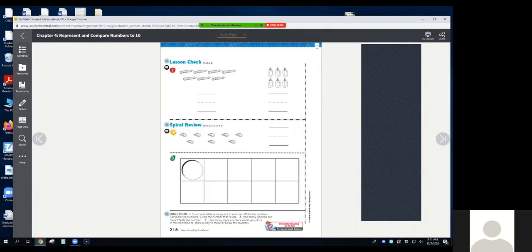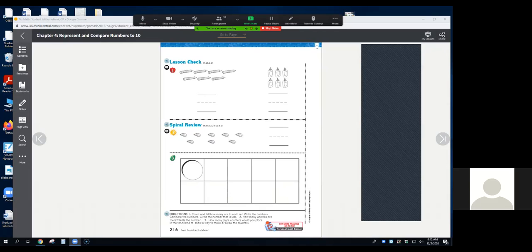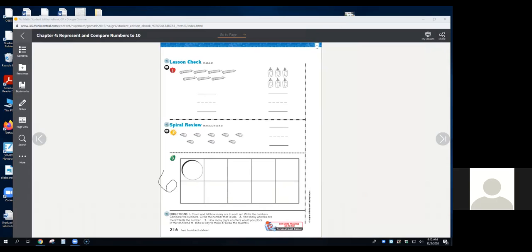And then this is just a review. You're gonna count the whistles and write the number, okay? And then right here it says, how many more counters would you place in the 10 frame to make 6? So right here, you need to make the number 6, okay? So you need to show 6 here. So you already have one counter in the 10 frame.